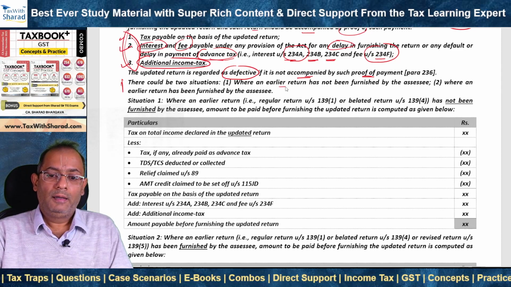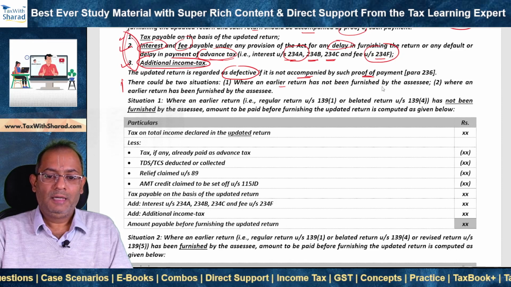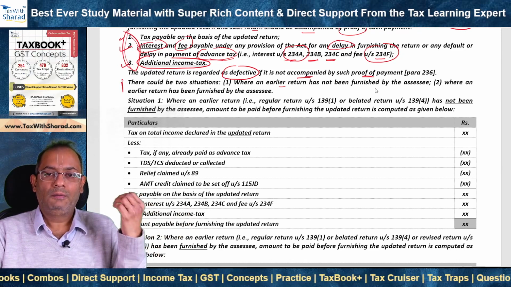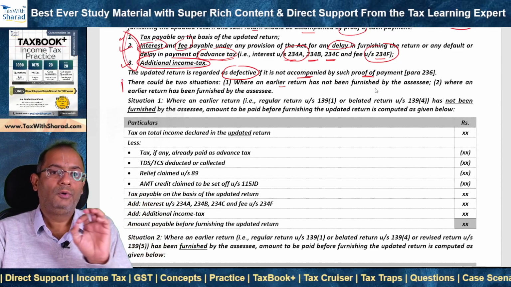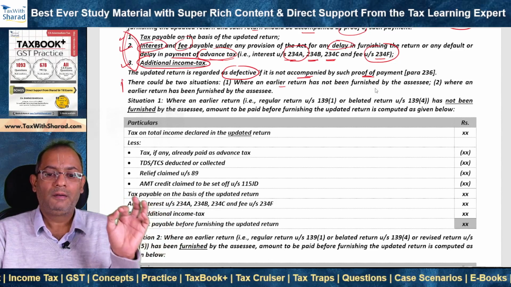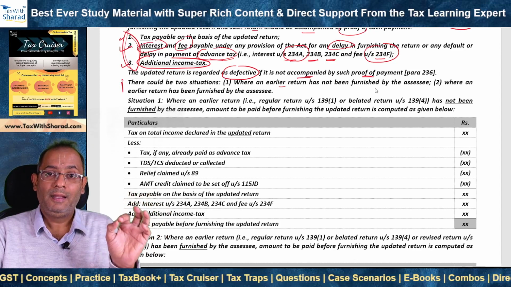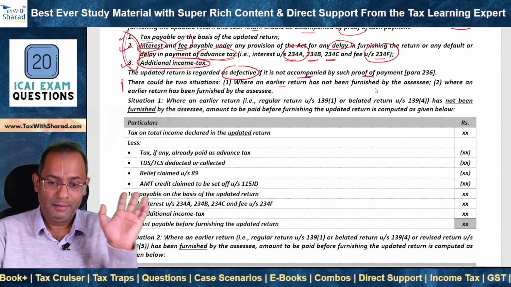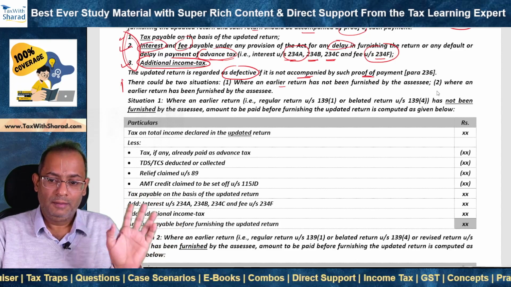One, where an earlier return has not been furnished by the assessee. That means the assessee has neither furnished a regular return nor a belated return nor a revised return. No return has been furnished, and the updated return under section 139(8A) is the first return that the assessee is furnishing for that assessment year. That is situation number one.